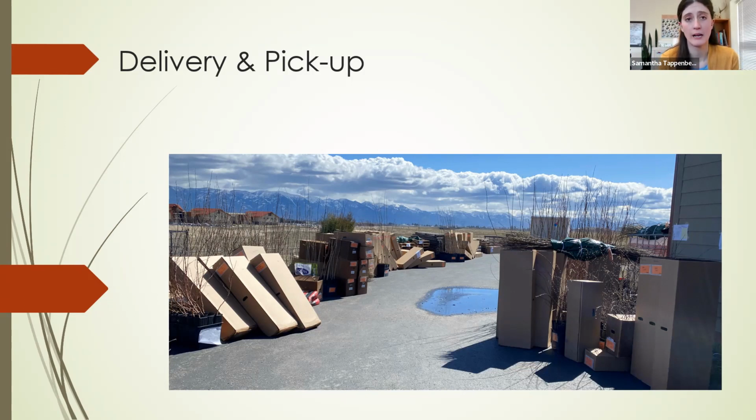You never want to allow the seedlings to freeze or expose the seedlings to temperatures greater than 60 degrees Fahrenheit unless they're going to be planted immediately, because they're very sensitive to changes, to drying, and to high temperatures.